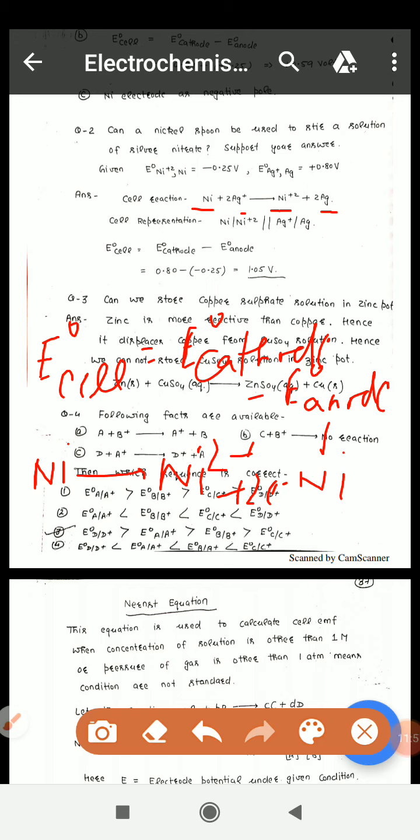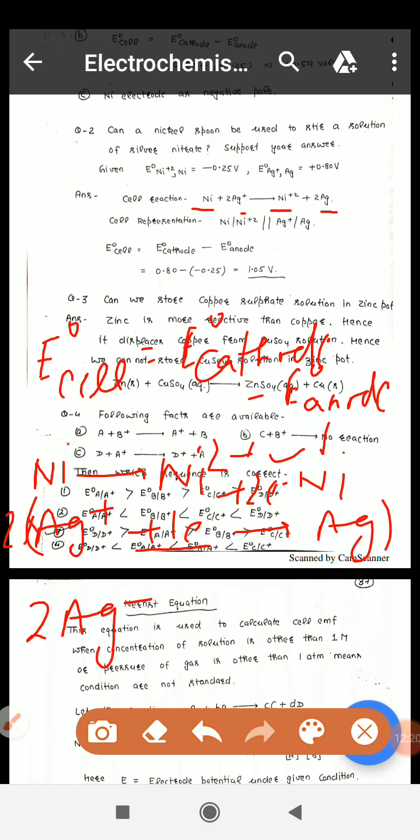And the cathode reaction is reduction: Ag plus gains 1 electron and is converted into Ag. Now see, in the anode reaction 2 electrons are lost, but at the cathode 1 electron is gained. So to balance, we multiply the cathode equation by 2, so the reaction becomes 2Ag plus plus 2 electrons converted into 2Ag.